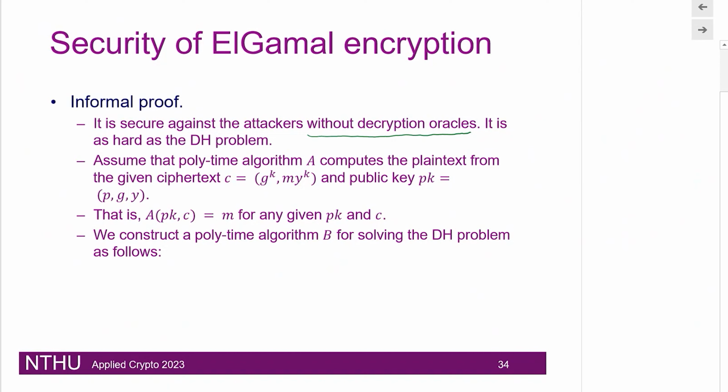For the CCA, we already showed that with a chosen ciphertext attack, the attacker can break the system. But how about the case where we don't provide a decryption oracle to the attacker? So we are going to reduce it to the Diffie-Hellman problem.